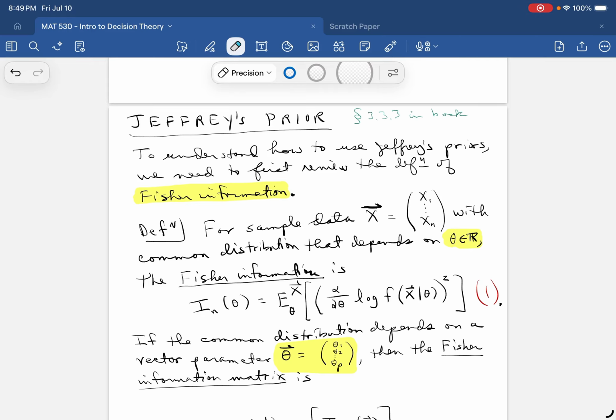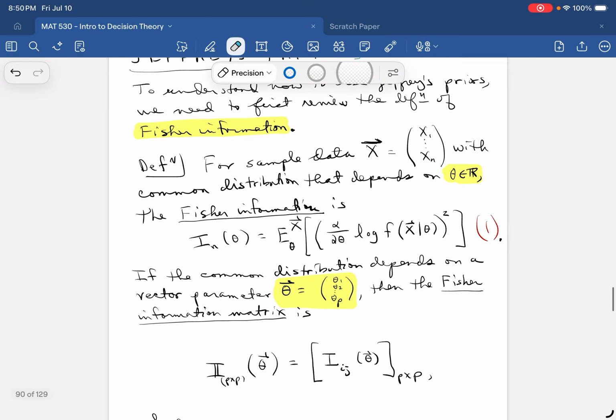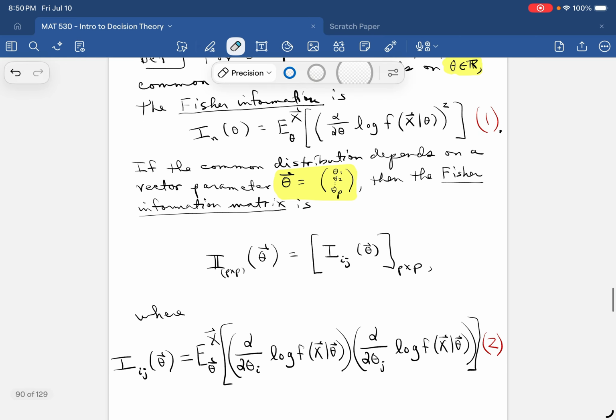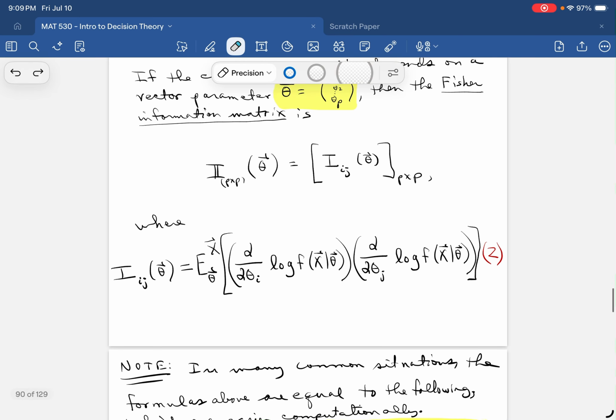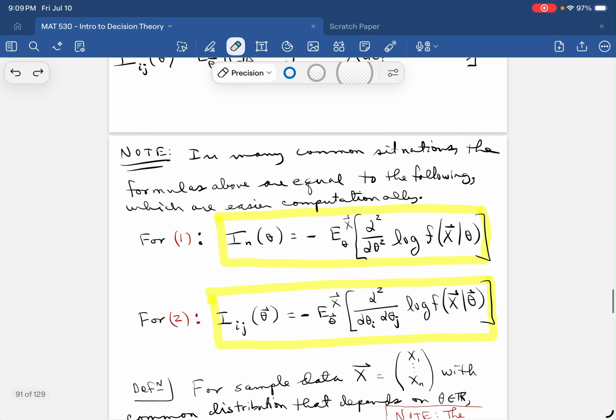In this video, we're going to calculate the Jeffreys prior for a parameter that is a parameter vector. So we're going to focus on this Fisher information matrix at first. But now remember, we have a computationally more friendly version that works in many common situations, and so we will actually use number 2 here when we calculate the components of the Fisher information matrix.